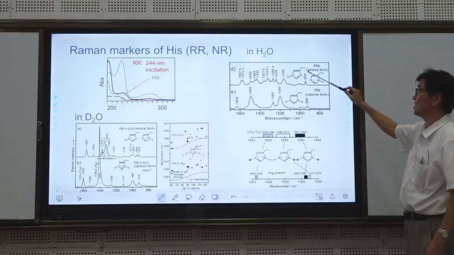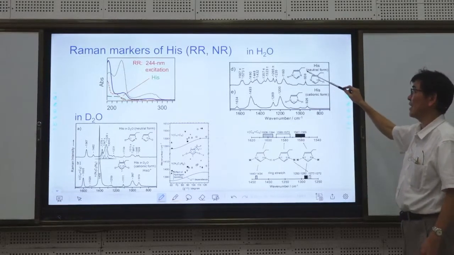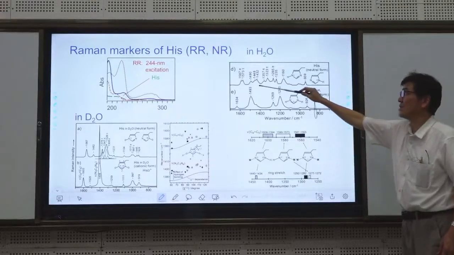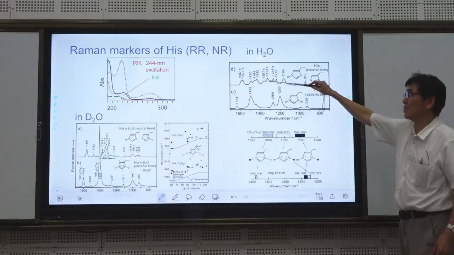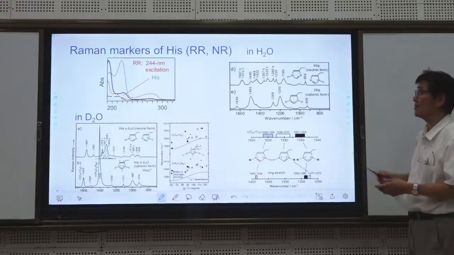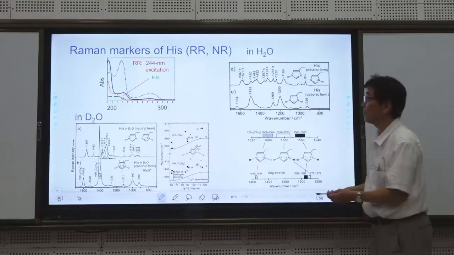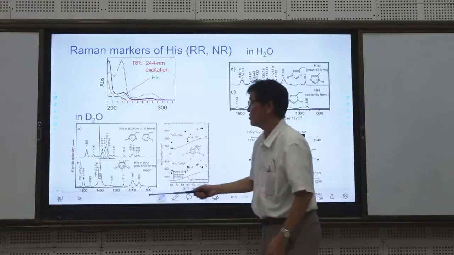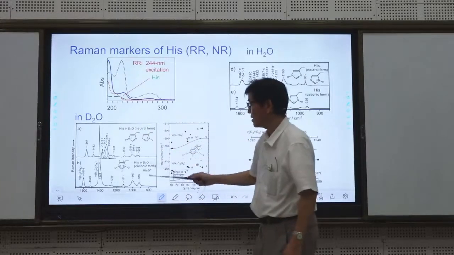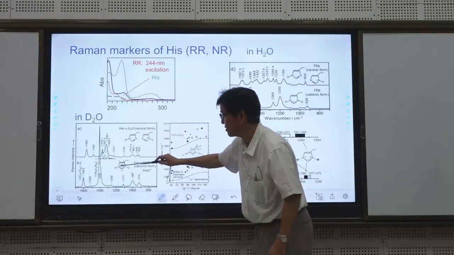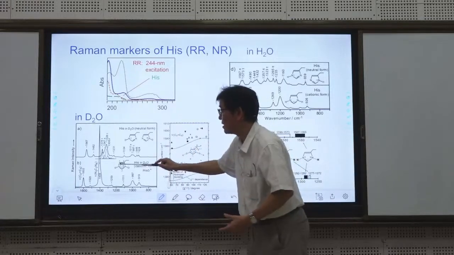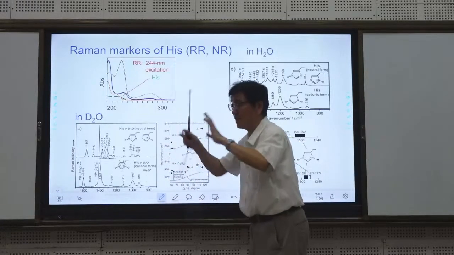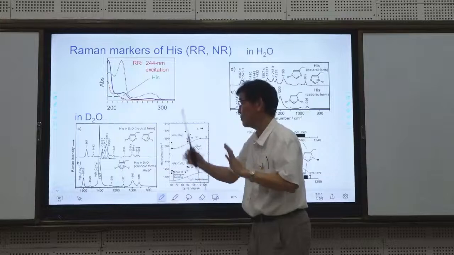But the problem is that histidine symmetry is not very high, so the histidine band gives only a weak Raman band, so careful measurement is necessary. Only one exception is to measure in D2O. In this case, the coupling between the NCN bending and NH stretching is decoupled, disappears.